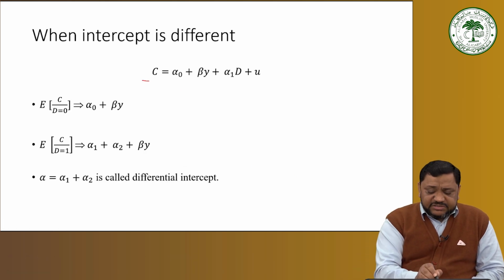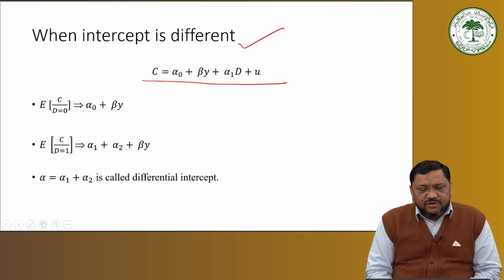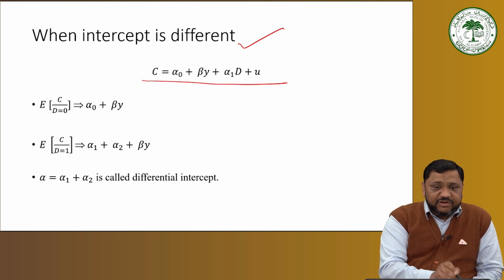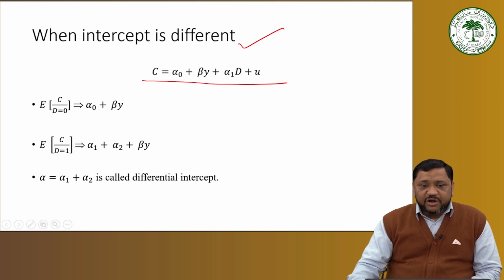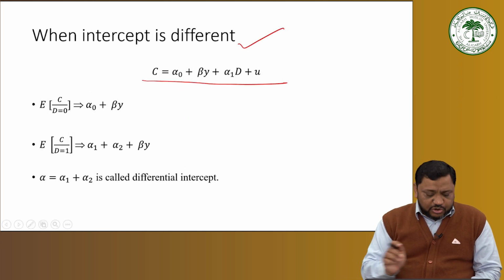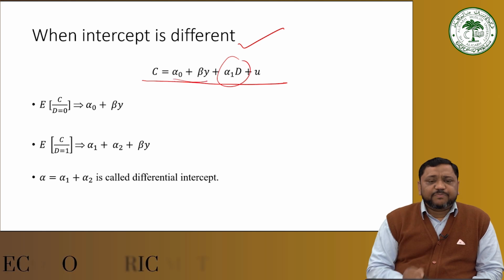Now when the intercept is different, when D is equal to 0, which was the period of war, this term becomes 0, so you are left with alpha naught plus beta Y.